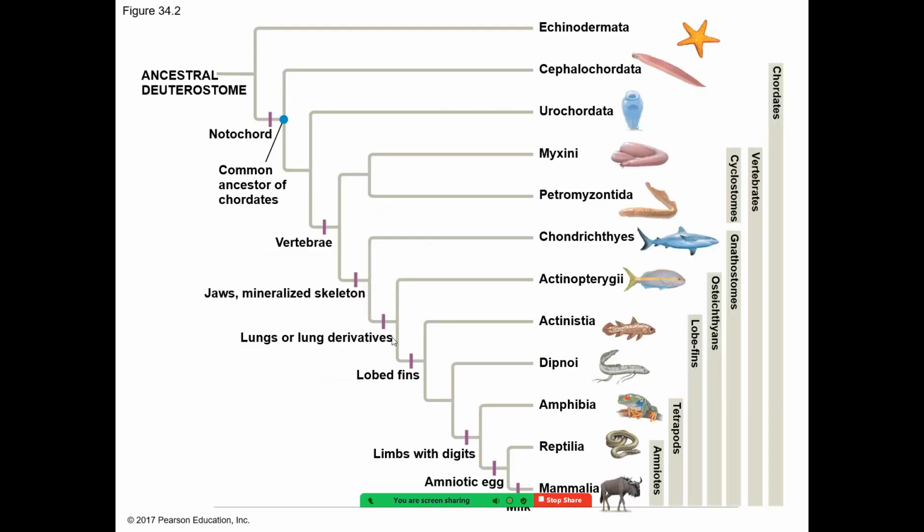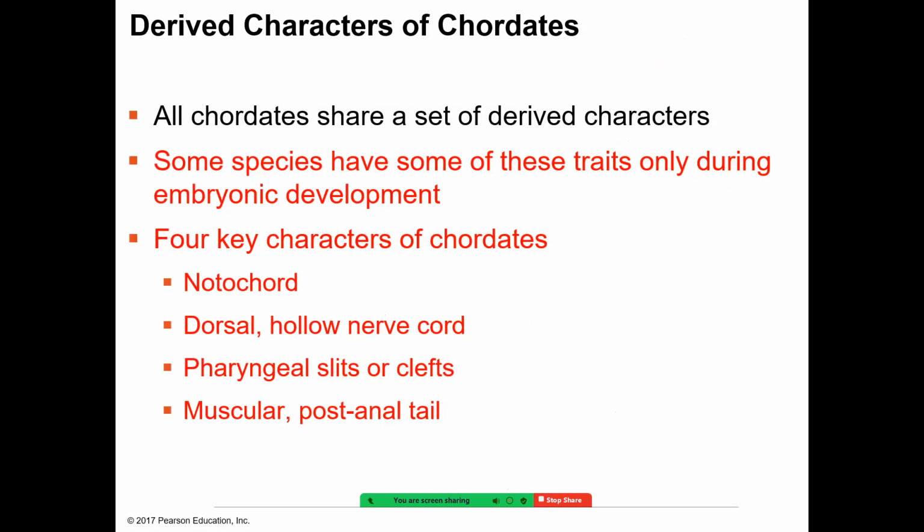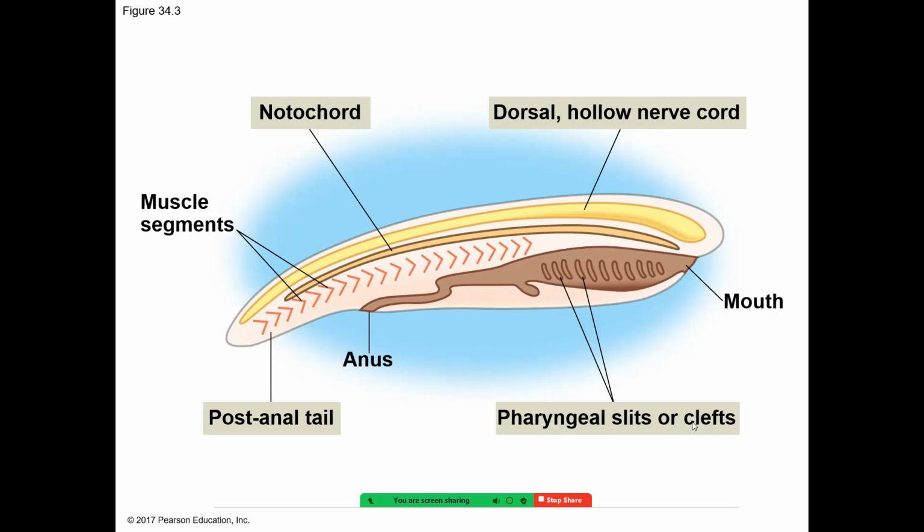Let me go back here for a second. Let's see, so notochord, vertebrae, just a few that are listed on here. Okay, so looking at a picture, again, the postanal tail. So here's your anus, there's the mouth, that's your digestive system.